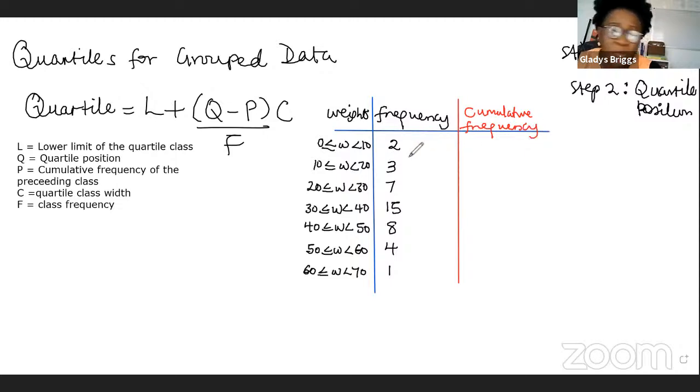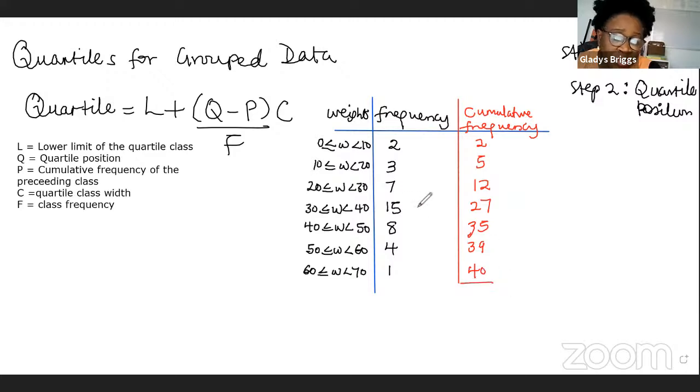You know how this works. 2 add nothing is 2. 2 add 3 is 5. 5 add 7 is 12. 12 add 15 is 27. 27 add 8 is 35. 35 add 4 is 39. And 39 add 1 is 40.